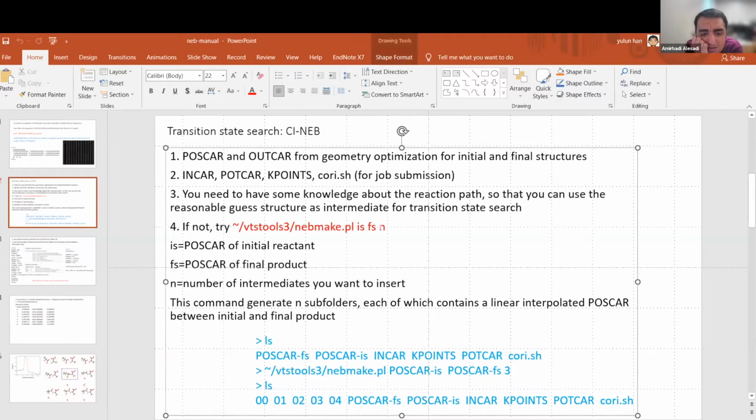IS equals POSCAR? Doesn't matter, I can do it this way. Okay, I get it. So IS and FS are not like initial state and final state abbreviations, right? Mm-hmm.